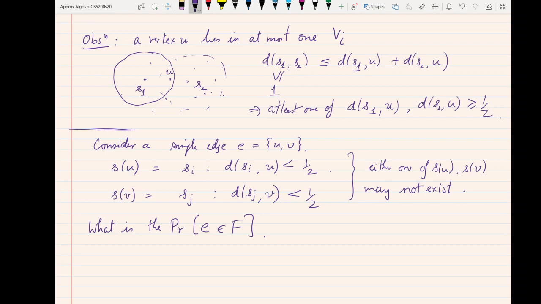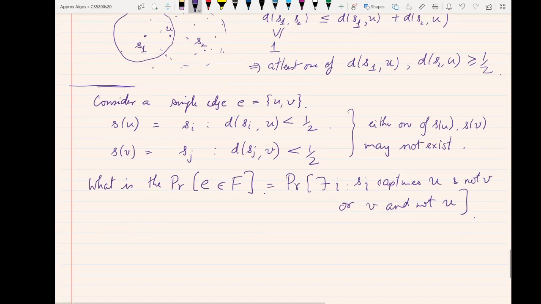Well, of course, it is the probability that there exists an I such that Si captures U and not V, or V and not U. In this case, you will have that the edge goes across the cut. Now, of course, the only Si that can capture U is S of U, and the only Si that can capture V is S of V, according to the definition that we have made.